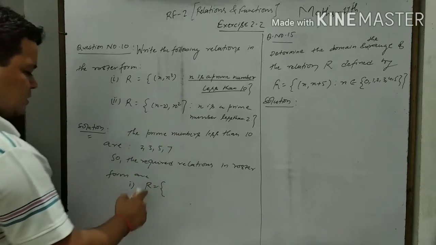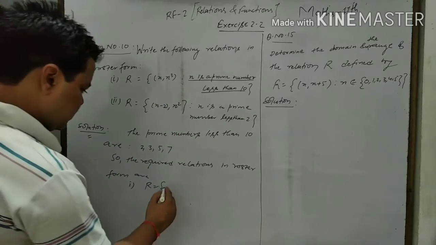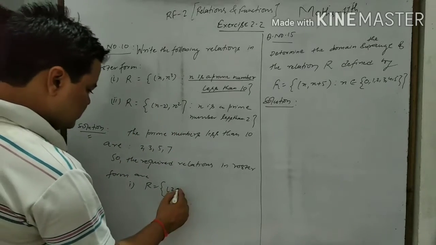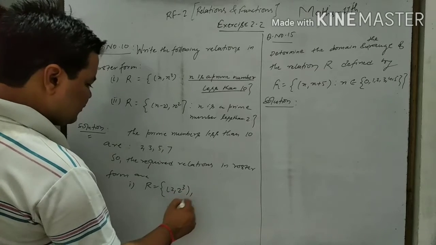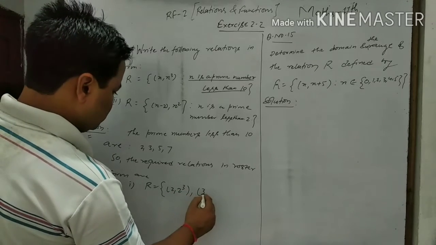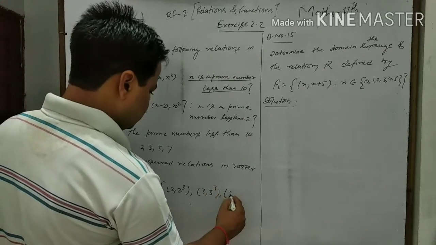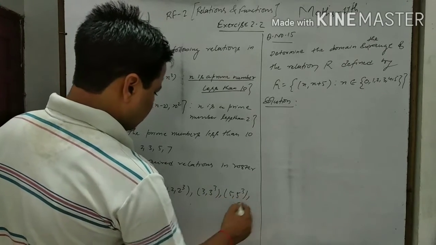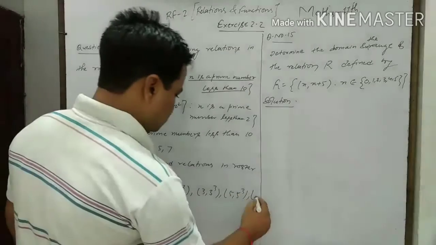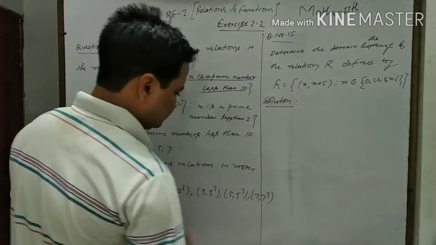According to the definition of the relation, x cube means here 2 cube, after that 3 cube, again 5 cube, and here 7 cube.